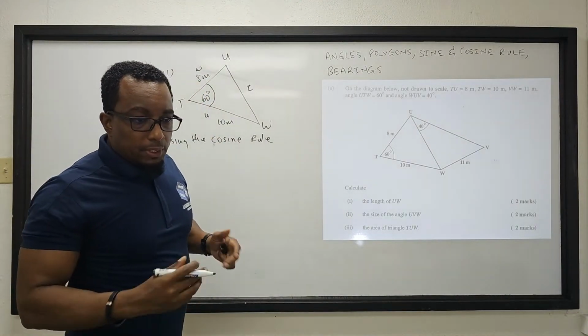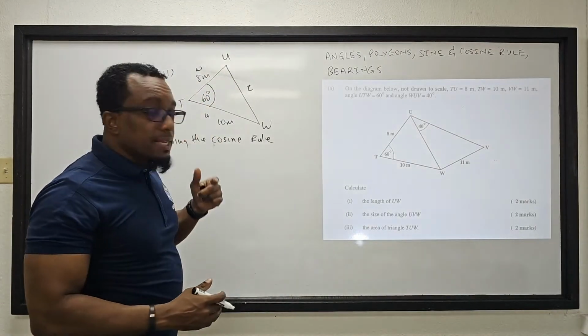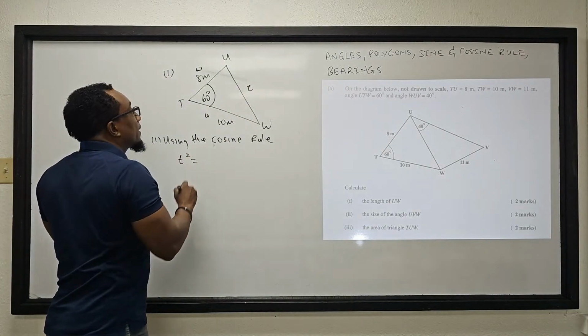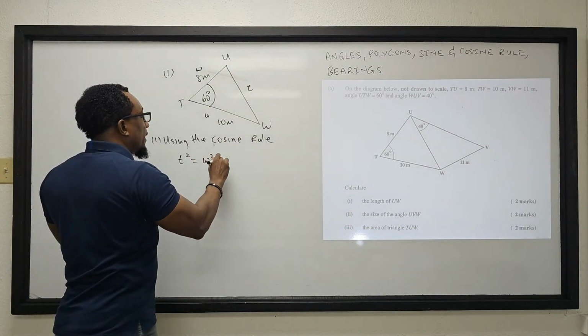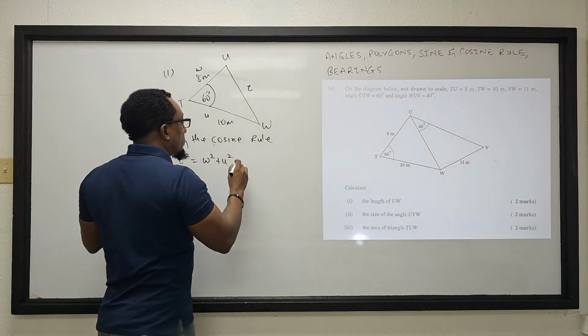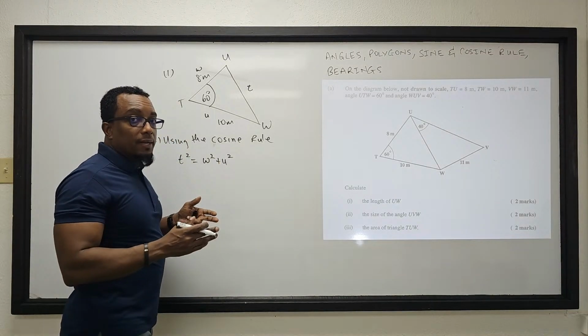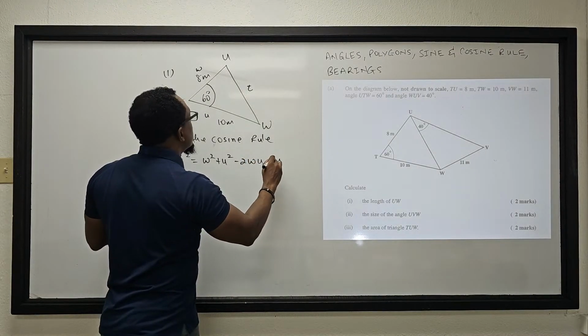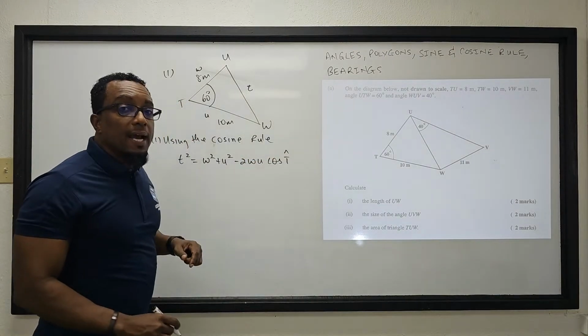And then what you can do is to use your cosine rule. The cosine rule is this. The unknown side squared is equal to w squared plus u squared, or u squared plus w squared, doesn't matter the order, minus 2uw cos the angle at T, which is the included angle.